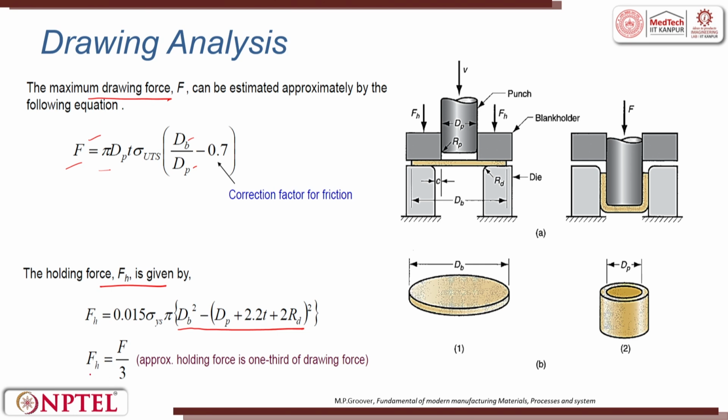Here generally FH is equal to F by 3, that is approximate holding force is 1/3 of the drawing force. Using these relations, let us try to see a problem statement.